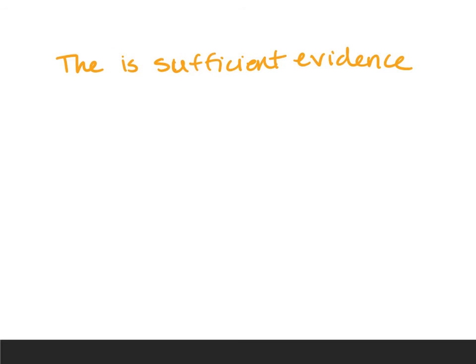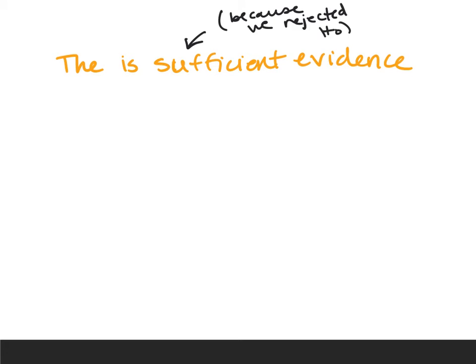Okay, and again, since we rejected the null hypothesis, then we can say that there is sufficient evidence. And again, just as a reminder, it's sufficient because we rejected the null hypothesis.